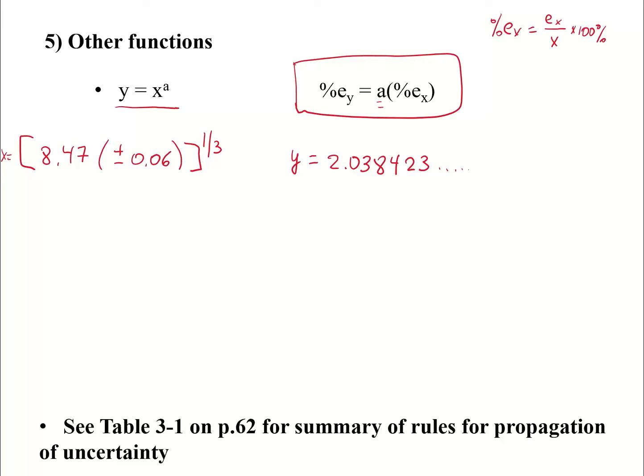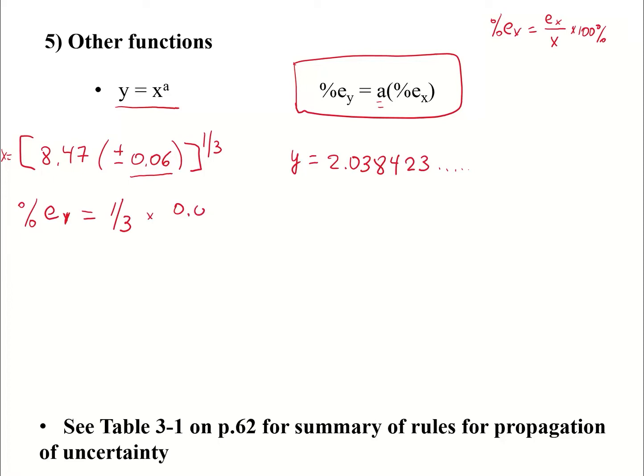Now let's start with the formula. Percent relative uncertainty in y is equal to the power a, which is 1/3, multiplied by the percent relative uncertainty in x. As you can see, the absolute uncertainty in x is given in the parentheses.